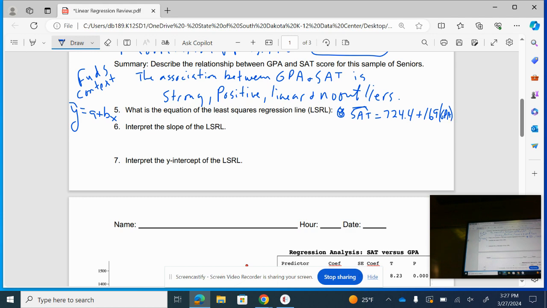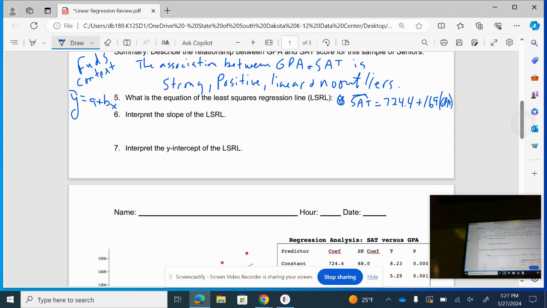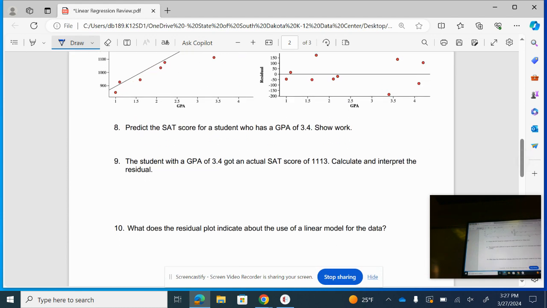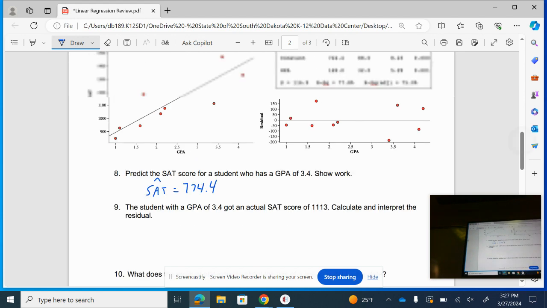Write it in context. I'm going to go a little out of order with this one, and jump down here. It says predict the score for a student with a GPA of 3.4. So right away, I can take that equation, SAT equals 774.4. Make sure I got that right.